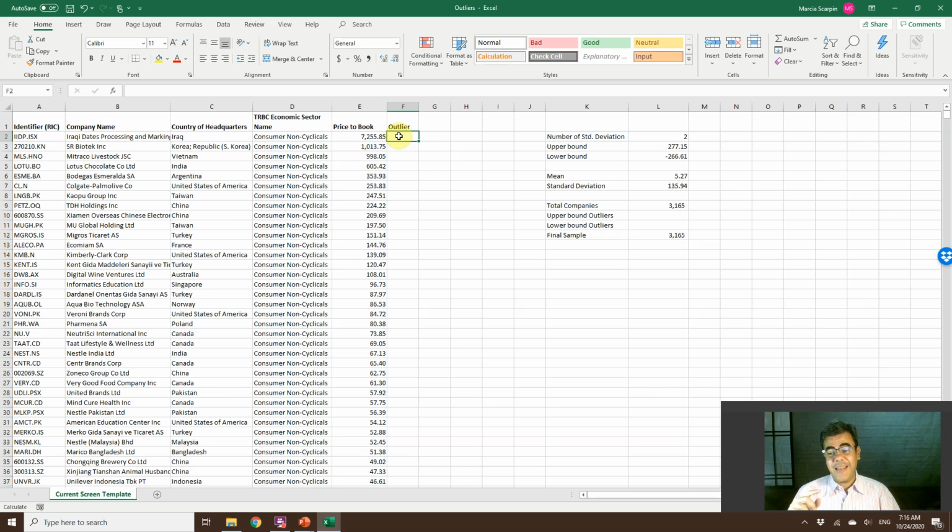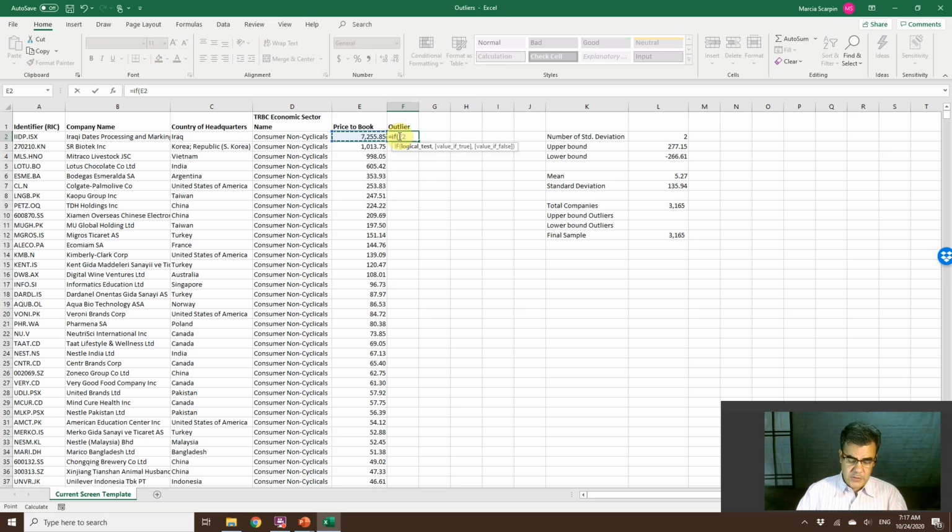Let's create a temporary column here. Call it outlier. So if our number is greater than our upper bound, and the upper bound we fix with F4, then let's call it upper. Otherwise, if this number here is lower than our lower bound, let's fix it too, we have our lower bound, let's call it lower.